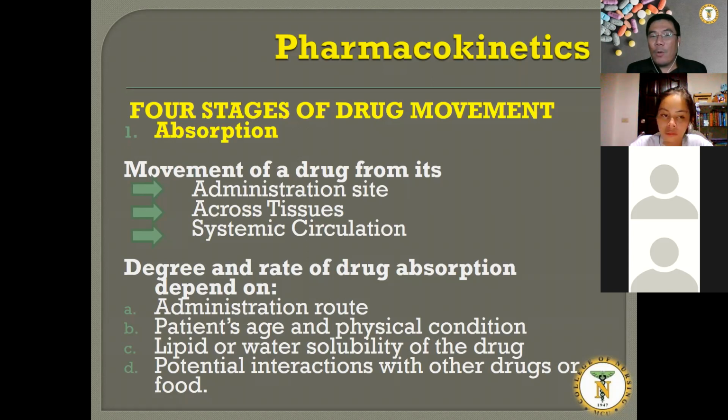Next, how about the patient's age and physical condition? For example, pediatric clients may have intact and active metabolism, so the drug will take its effect as expected. On the adult age, the drug may take place in its process because metabolic response is still intact. And here comes the aged population, wherein we expect that metabolism is delayed.